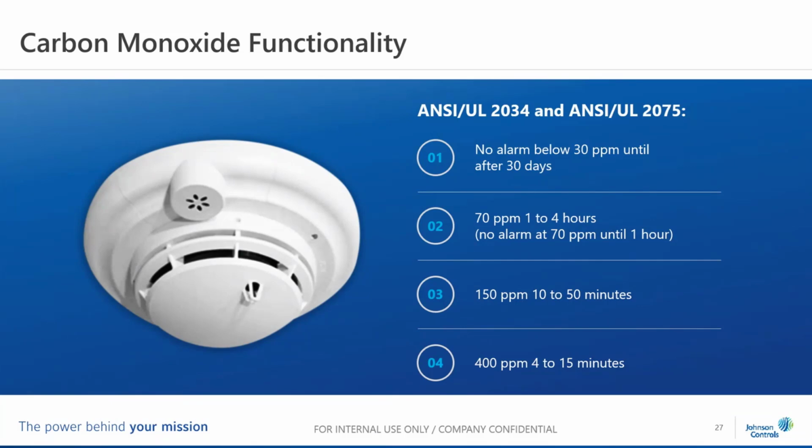So UL allows us, and this is different from anything else that we do, to turn on a feature in our control units that disables this algorithm. I know it sounds counterintuitive compared to everything else we do with fire alarm, but it's the only way that I can actually test the sensor with a minimum amount of carbon monoxide in a short period of time.